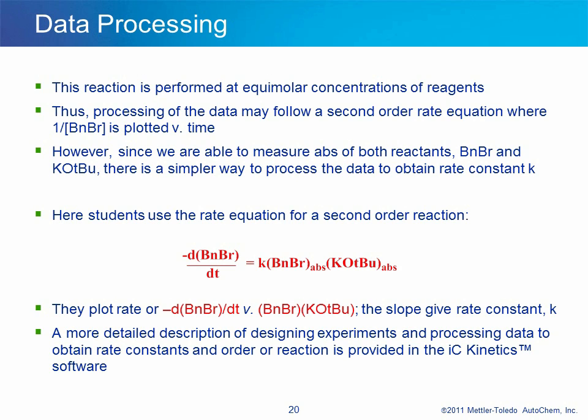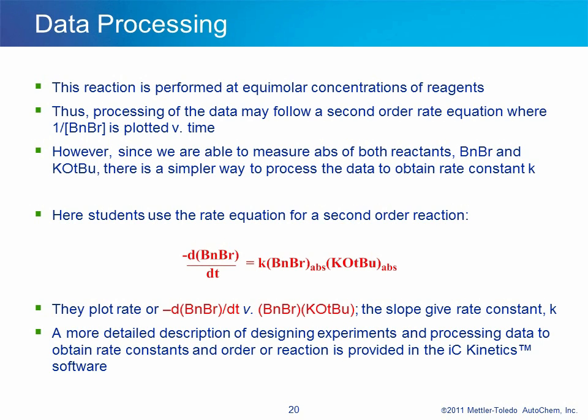Here the students use the rate equation for a second order reaction. That rate equation shows that the change of concentration of the benzyl bromide versus time is equal to the rate constant times the benzyl bromide absorption times the potassium tertiary butoxide absorption.